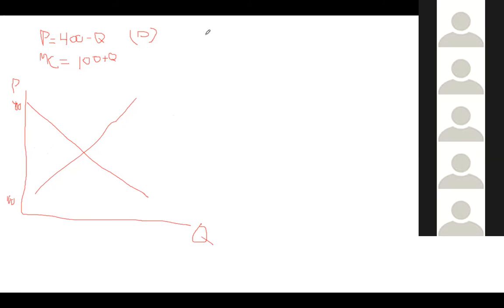So I didn't see who said it in the chat, but to set this problem up, we just equate demand with marginal cost. So 400 minus Q equals 100 plus Q. I'm going to go a little quickly on the algebra.